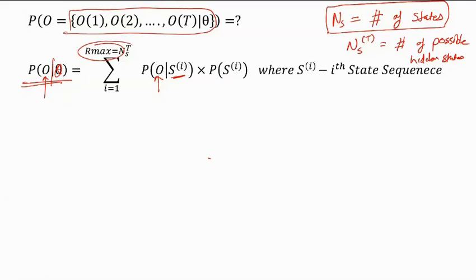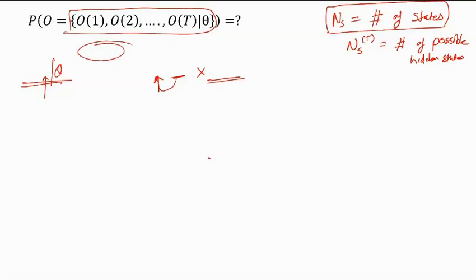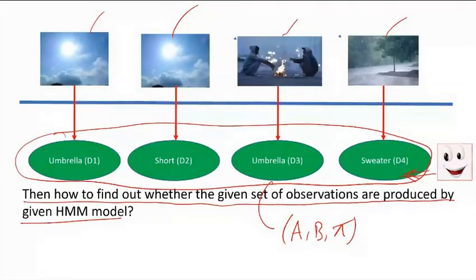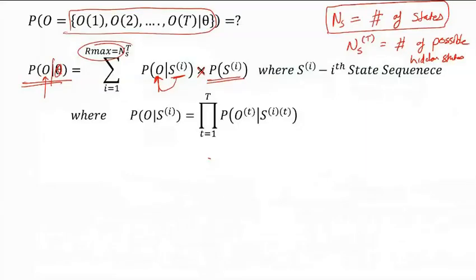Given a state Si, what is the chance that I will see the given observations, multiplied by the probability of obtaining that hidden state itself. Here Si is the ith state sequence.